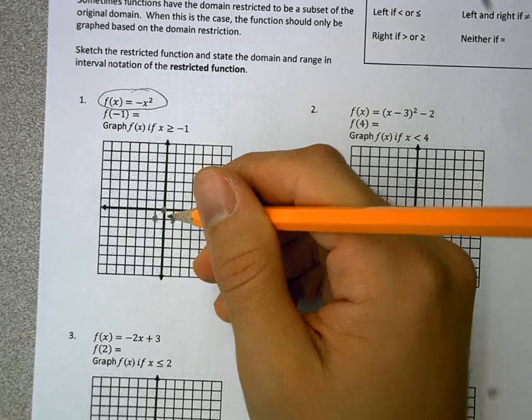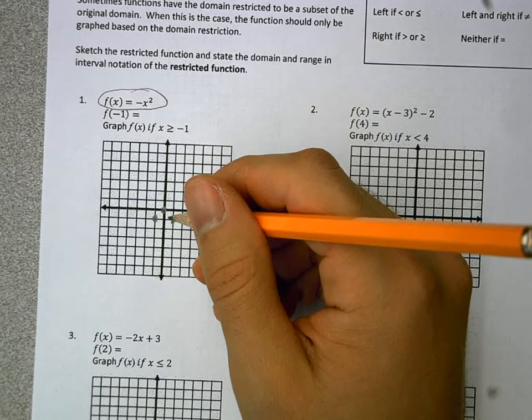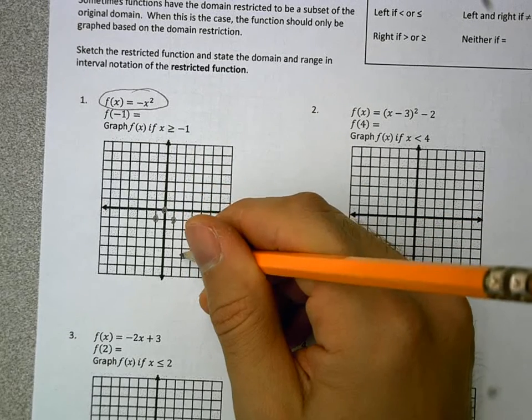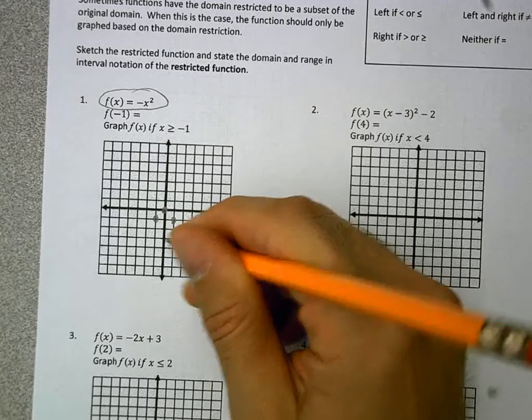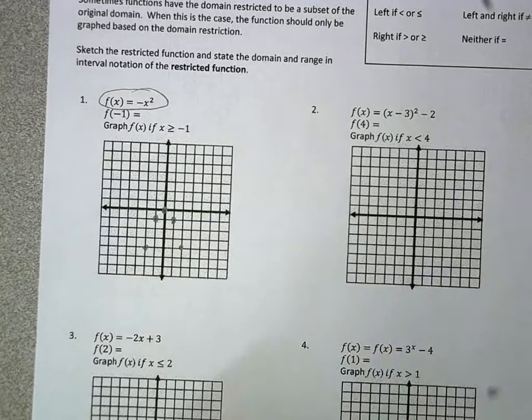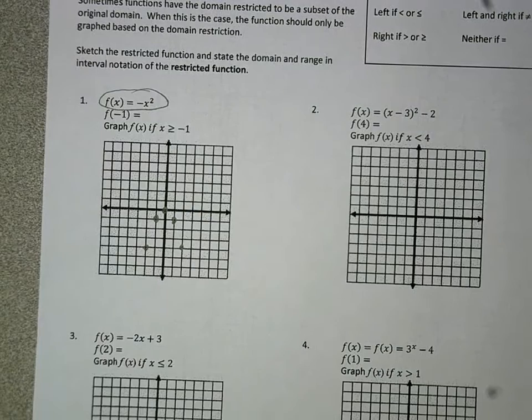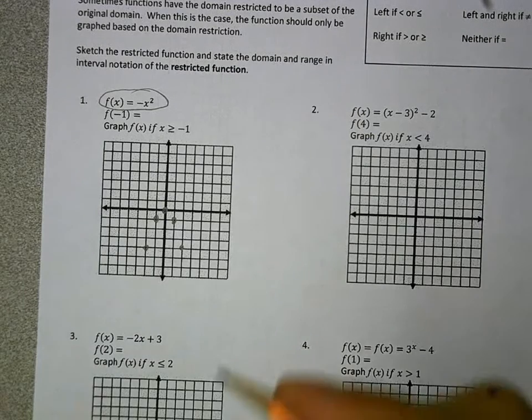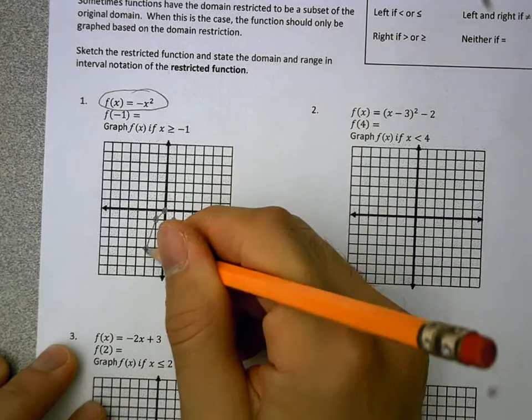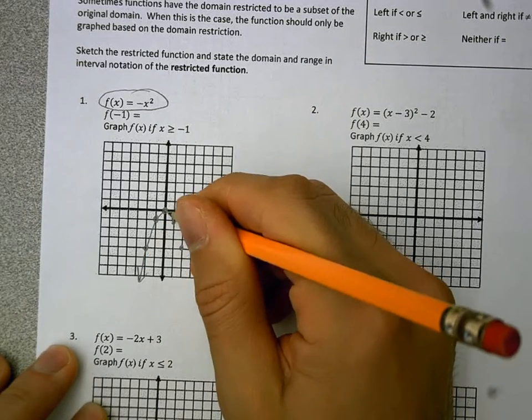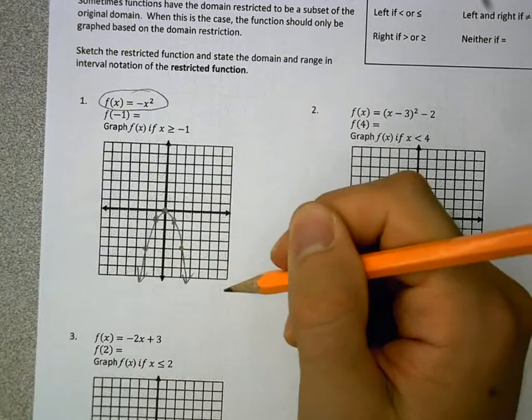If I put in 2, 2 squared would be 4, and then we would make it negative 4. Does everyone think they could graph f of x equals negative x squared? Any questions about that general graph? So normally we'd put those points down, we'd connect the dots, and we would make our graph. Does that make sense to everybody?